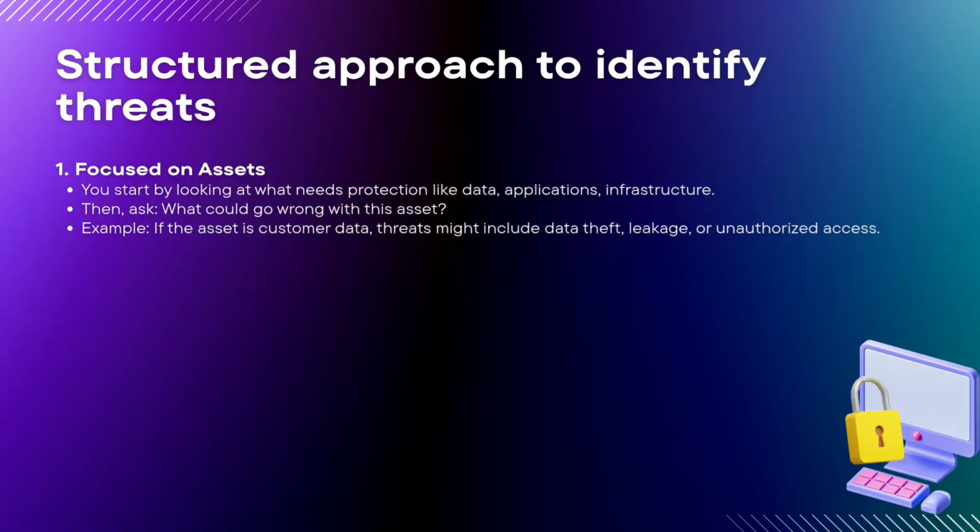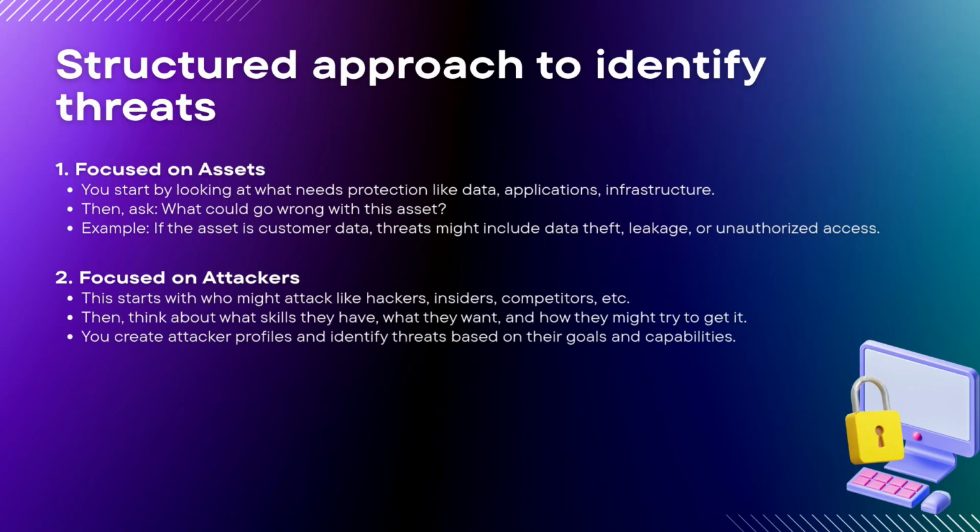Okay, so this is something very important, how we actually identify threats. There are three main ways to do it. Each one gives you a different perspective. First, you can start with the asset. Ask yourself the question, what are we trying to protect? So this could be sensitive data, user credentials, financial records, anything that's valuable. Second, you can start with the attacker.